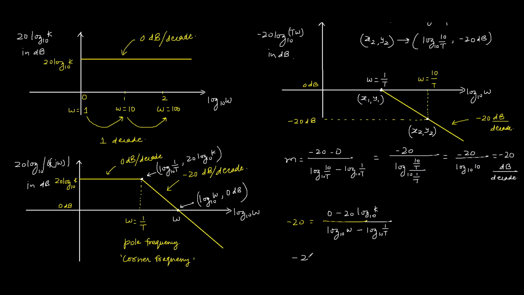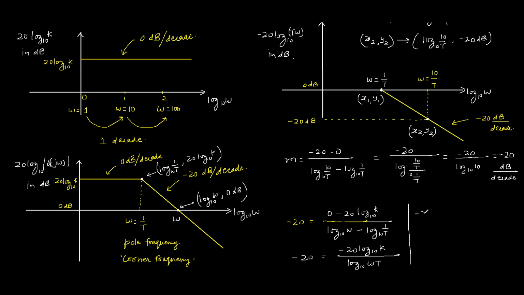So minus 20 equal to minus 20 log k base 10, and in the denominator we have log omega over 1 by t, which is omega t.